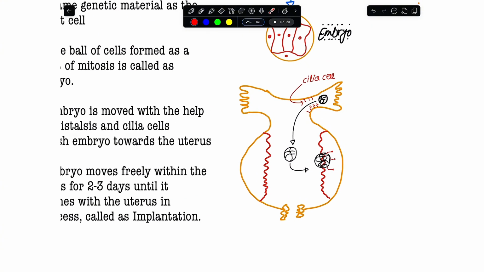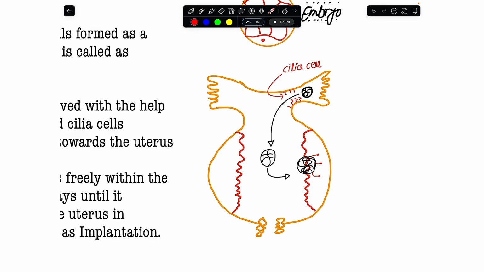What happens at this point is that within the oviducts we have ciliated cells, and these ciliated cells would move this embryo and cause it to sink into the uterus. For 2 to 3 days, this embryo would float within the uterus, and finally it would attach itself into the uterus of the female reproductive tract. And at that point, we would say that the female has become pregnant.